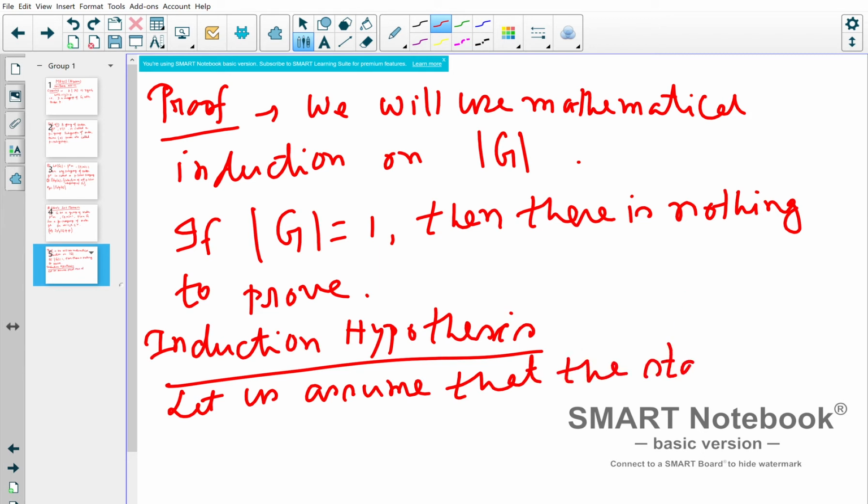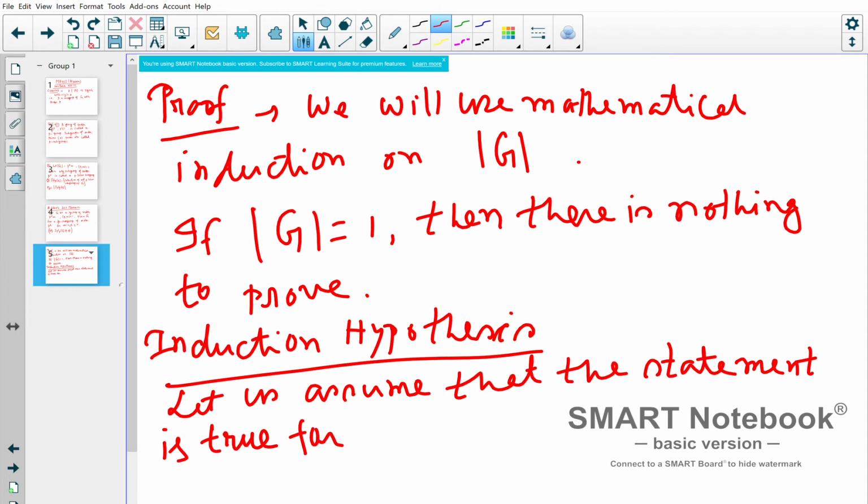Statement means the statement of the theorem.